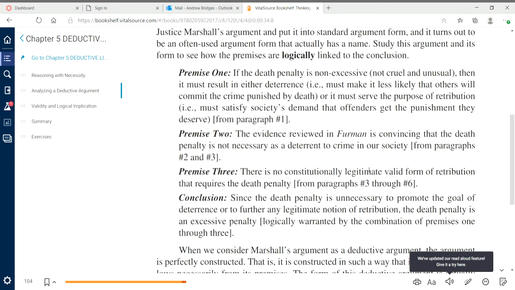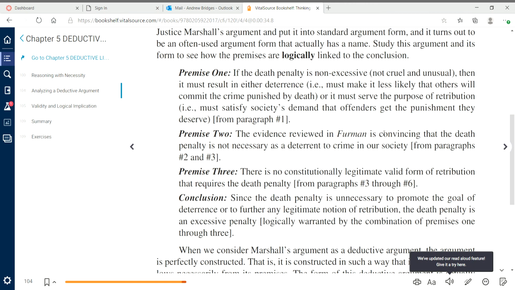And when you are reading this, look back to these paragraphs. Premise three, there is no constitutionally legitimate, valid form of retribution that requires the death penalty, from paragraphs 3 to 6. Conclusion. Since the death penalty is unnecessary to promote the goal of deterrence or to further any legitimate notion of retribution, the death penalty is an excessive penalty, logically warranted by the combination of premises 1 through 3.